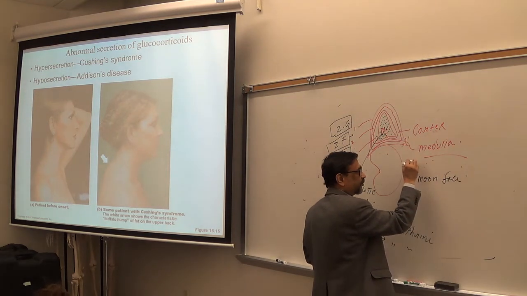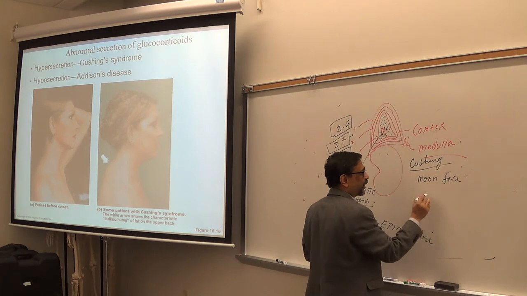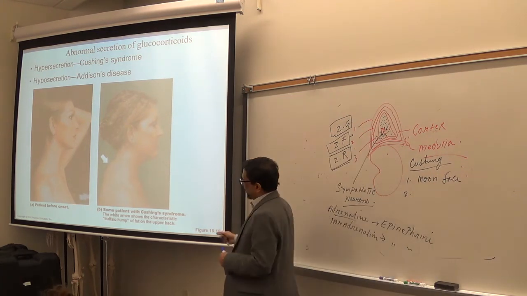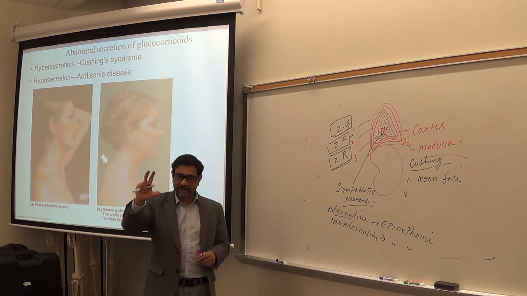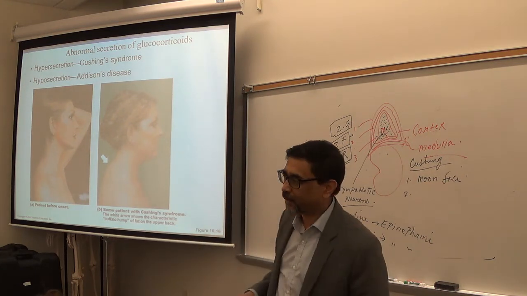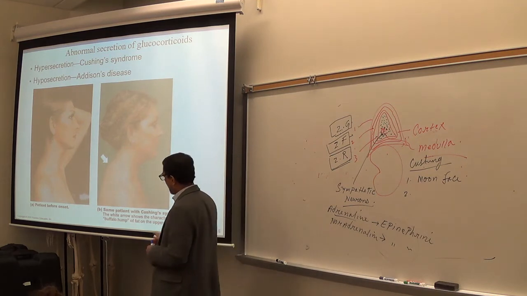That's Cushing syndrome. Number two, buffalo hump. In the back of the neck, a thick pad of fat is formed. Fat accumulates in the back of the neck. That is called buffalo hump.